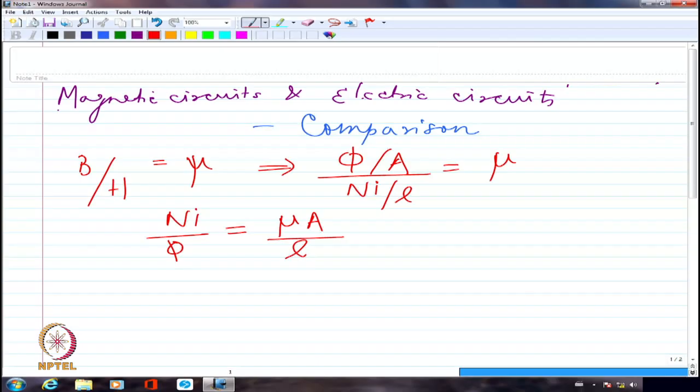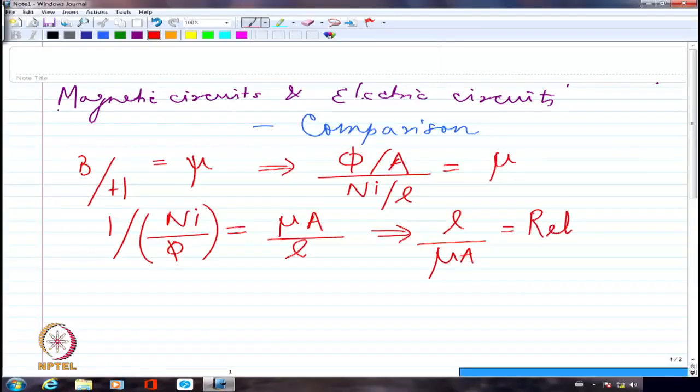Something is wrong the way I have done. Phi by Ni is equal to this. So I can say L by mu A is the reluctance. This is the reluctance.